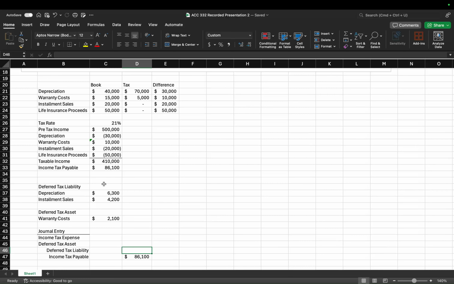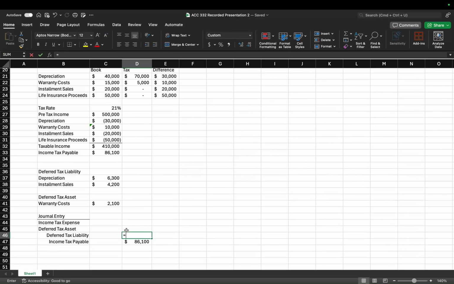And this was calculated by taking our taxable income, which was our pre-tax income, and then adjusted depending on any differences in depreciation, warranty costs, installment sales, life insurance, and if there's a municipal bond, I believe interest as well. You would adjust your pre-tax income for all those items to receive your taxable income and then multiply that by your tax rate.